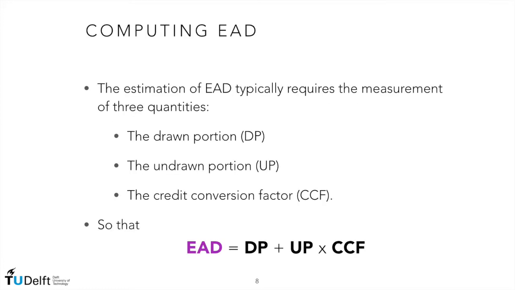The estimation of EAD typically requires the measurement of three quantities: the drawn portion, the undrawn portion, and the credit conversion factor. This last quantity accounts for the proportion of undrawn portion that could be used close to default. Empirical studies show that CCF is typically between 40% and 75%.